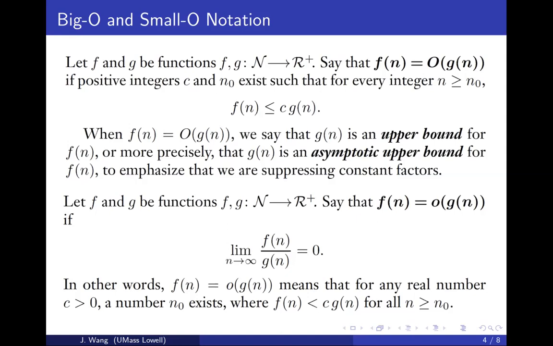Okay, so that means that if f of n is equal to small o of g of n, then for any real number c greater than 0, there exists a number n0 such that for all n greater than or equal to n0, f of n is less than c times g of n.